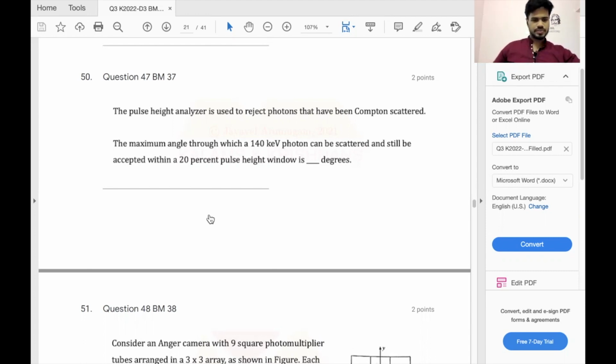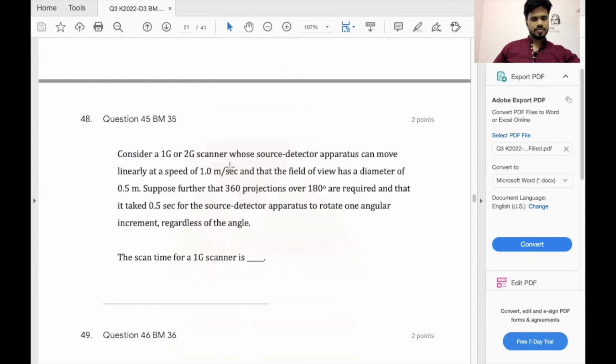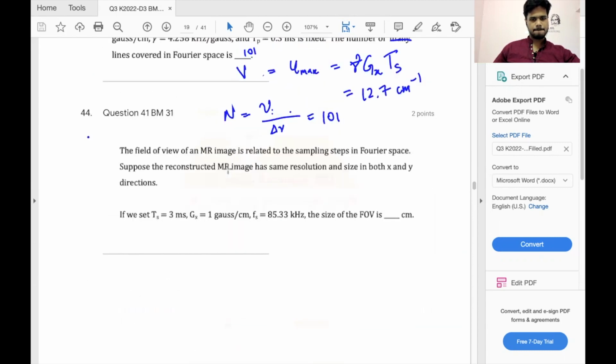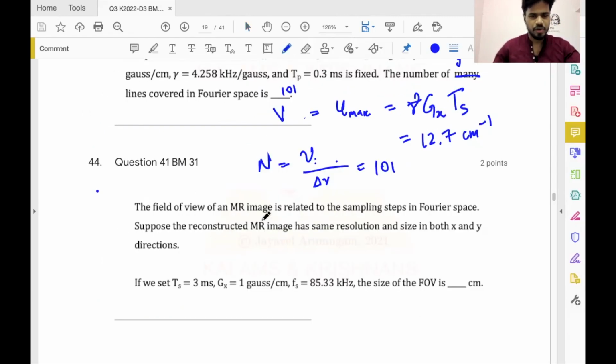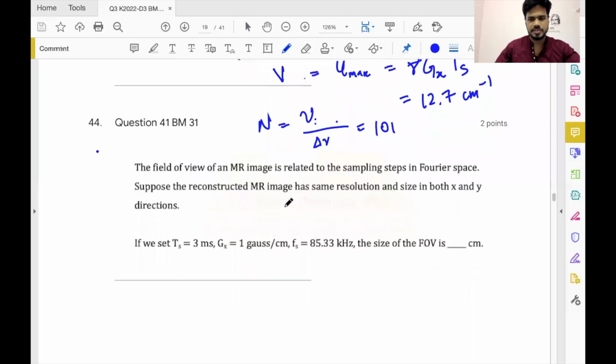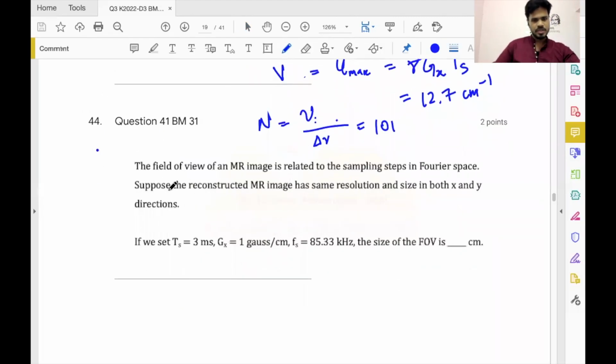Okay, so let's do this. Let's quickly solve where we left off. The field of view of an MR image is related to the sampling steps in Fourier space span. Suppose a reconstructed MR image has the same resolution and size in both x and y.